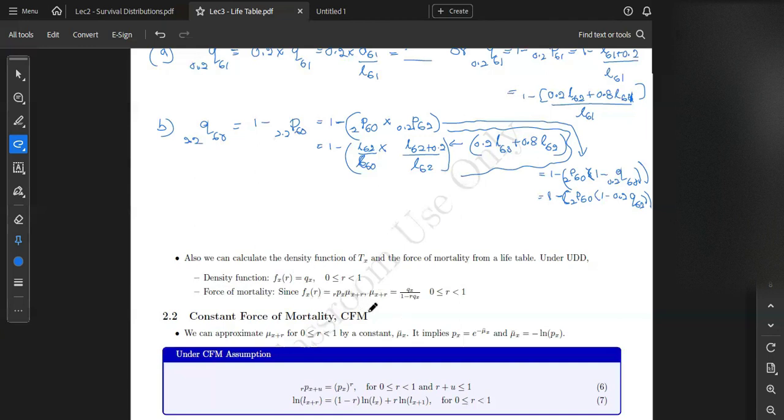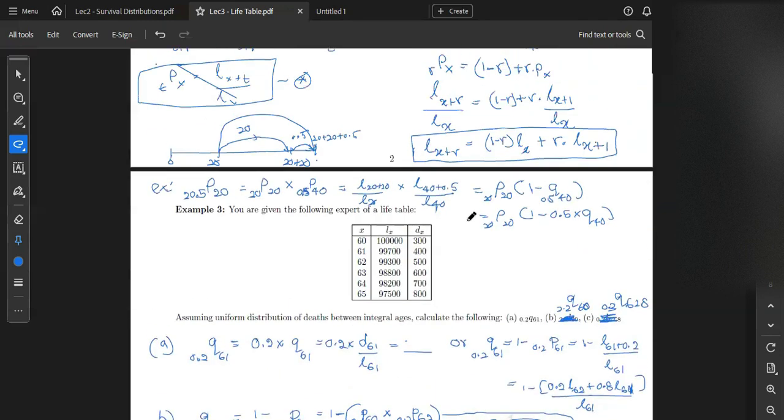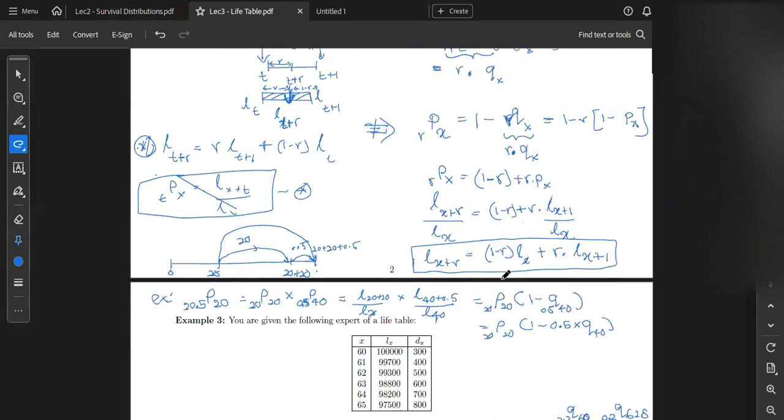And for the force of mortality, of course, if we know the density function and the survival probability, we can define the force of mortality. So using that equation, I could define the force of mortality as this. According to our needs, we can use these two cases. We have already used this one in some of our examples, and this was discussed under the survival distribution subtopic, the force of mortality. And you will see for the QX, we have used the equation in here. So that's how.